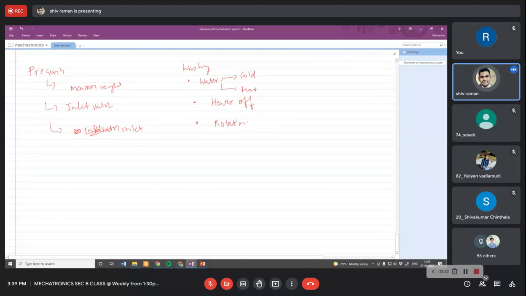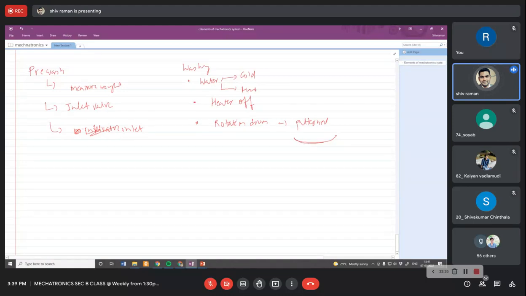Then after the heater is off, your wash cycle starts with the rotation of the drum. The rotation of the drum is a patterned rotation. Based on the controller provided in the drum, it will sense the rotation.